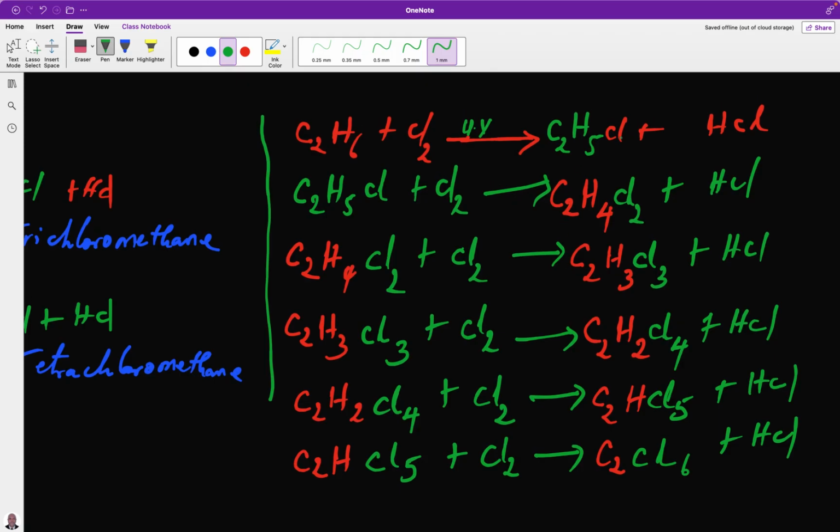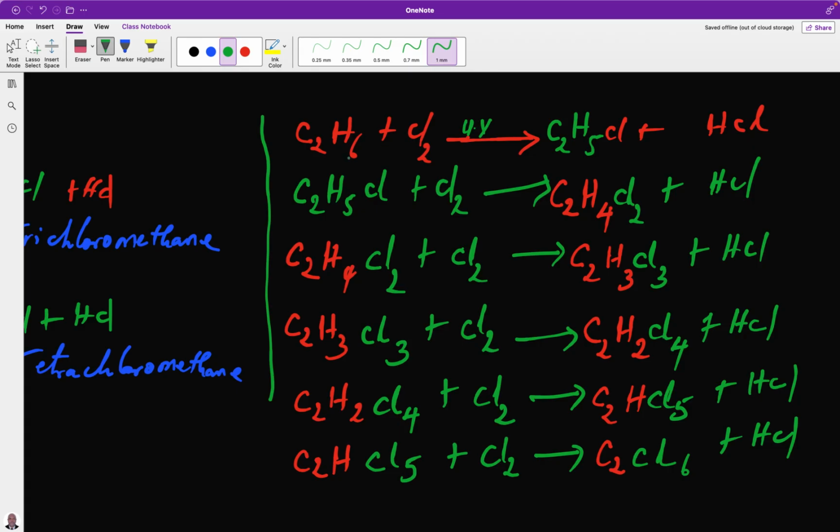From ethane, which has 6 hydrogen atoms, all of them are being substituted by a chlorine atom. When the C-H bond breaks and the chlorine molecule breaks, one of the chlorine atoms comes to substitute the hydrogen from the ethane, and it results in a chloroethane molecule with a hydrogen chloride that is being formed.